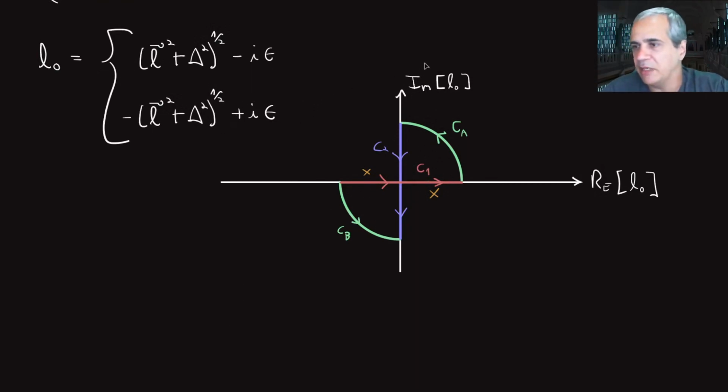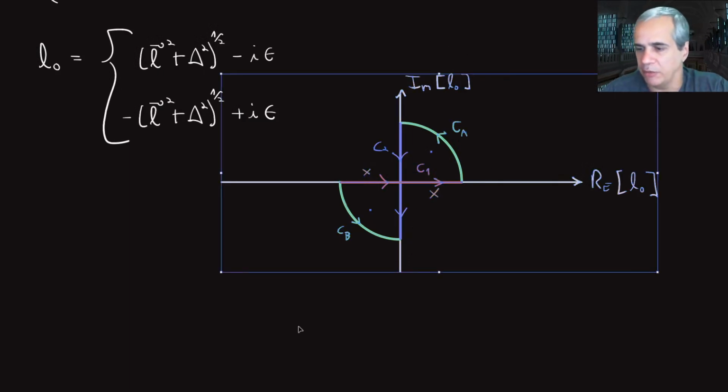that means the total integral over the whole path should be zero.